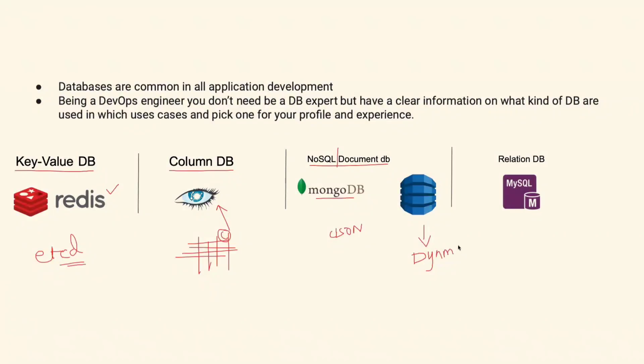DynamoDB is the one that you might have come across in AWS infrastructure. And the relational database, also known as SQL database, right? Commonly used ones are MySQL, Aurora, Postgres, Oracle, etc.